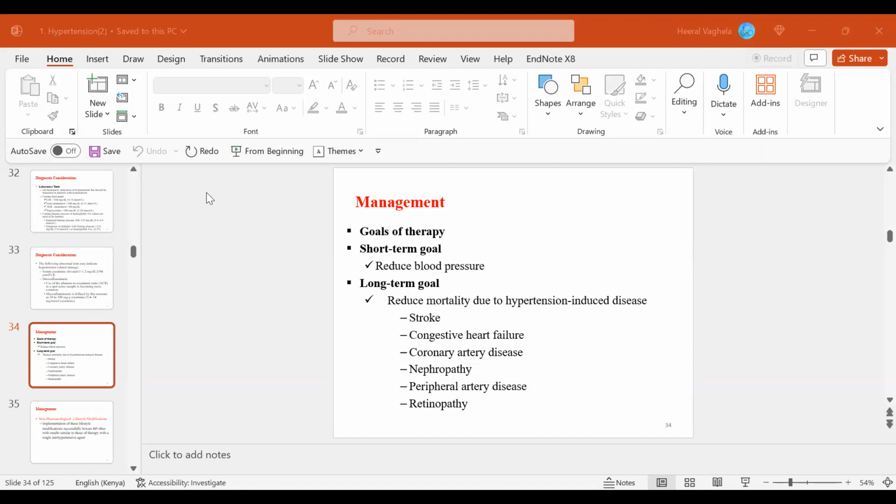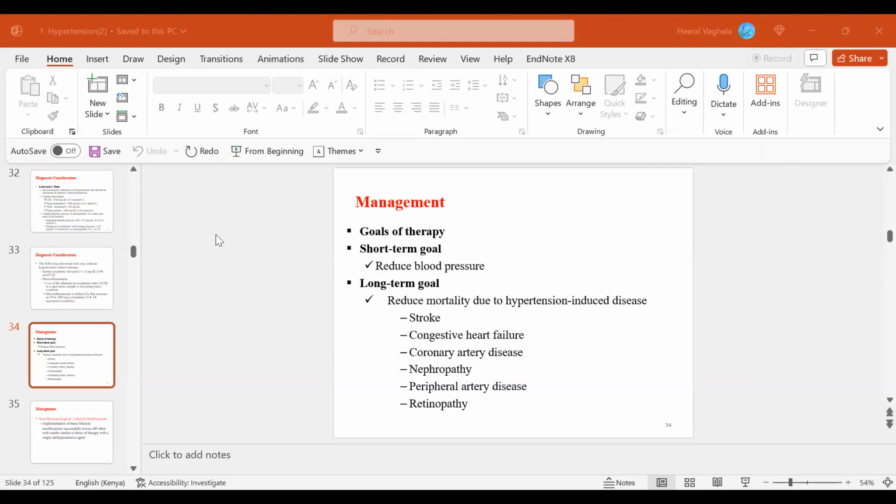Yes. Any other drugs or any other non-pharmacological modalities? Okay then.